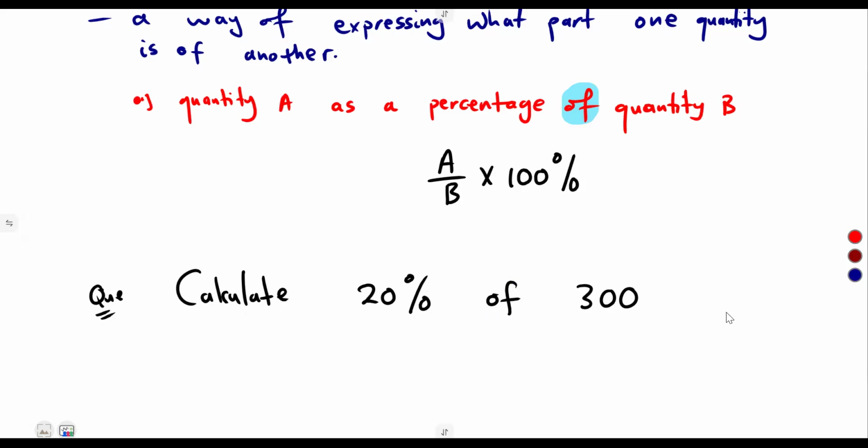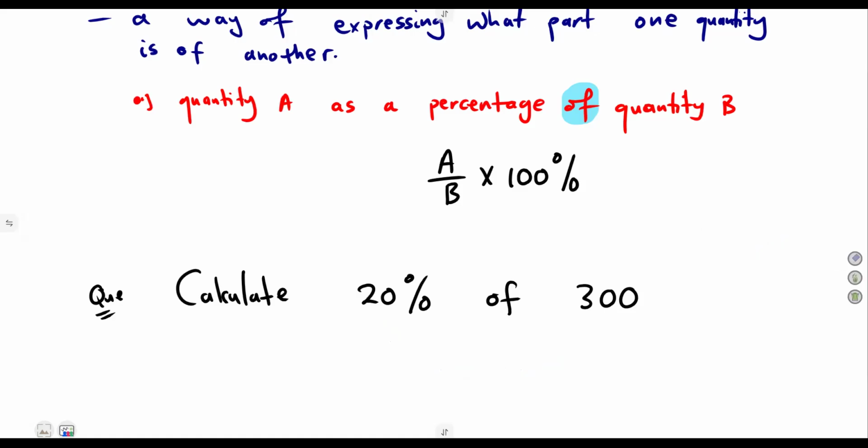Times. Do not take this one to say quantity A as a percentage of. Here we are comparing two things. Here is this one, 20% of that, like 20% times 300.